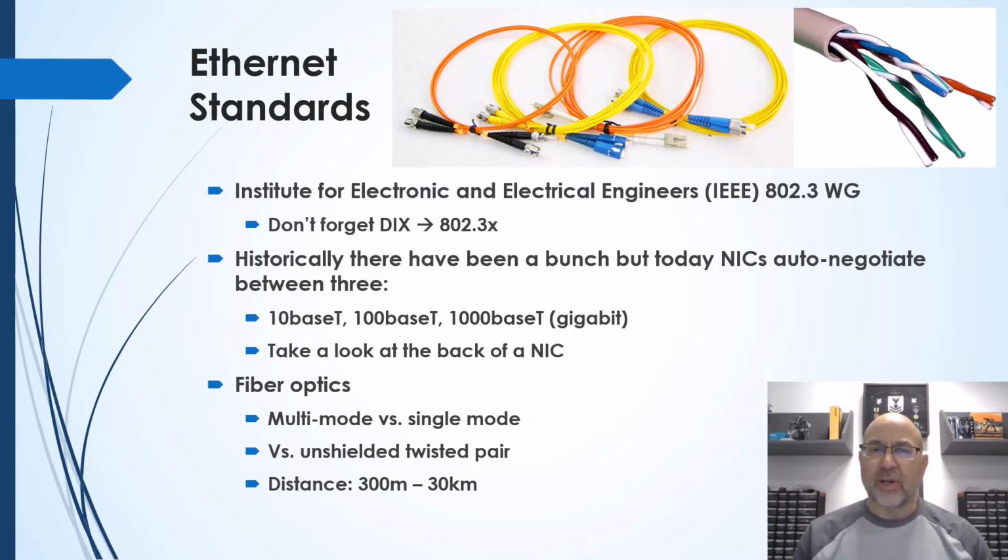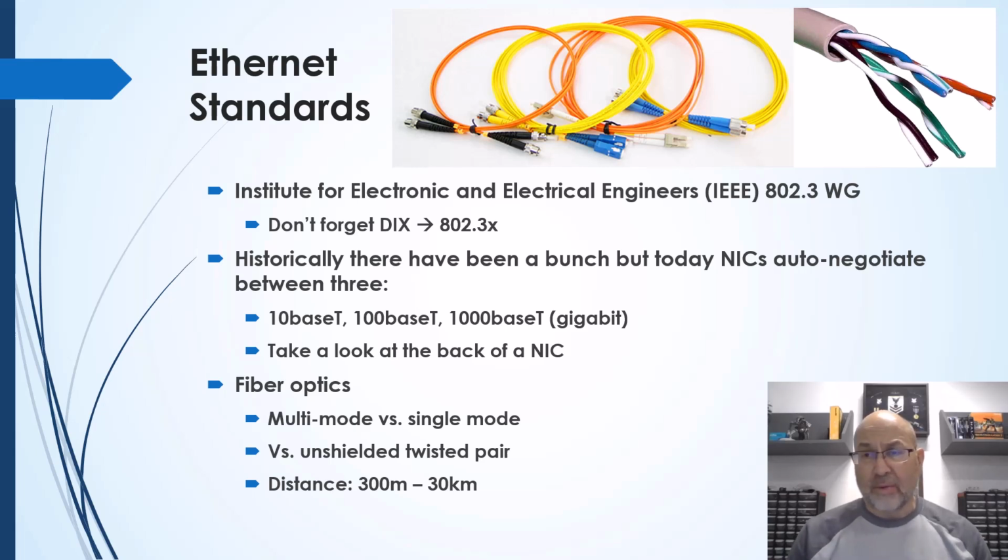Today, at least in terms of the copper-based, or unshielded twisted pair copper, standards, we usually talk about 10BASE-T, 100BASE-T, and 1000BASE-T, or gigabit. If you look on the back of a network interface card, a lot of times it'll say 10/100/1000. That's what it's talking about, those three particular standards. And we have the ability to negotiate which speed we're going to use on a link.